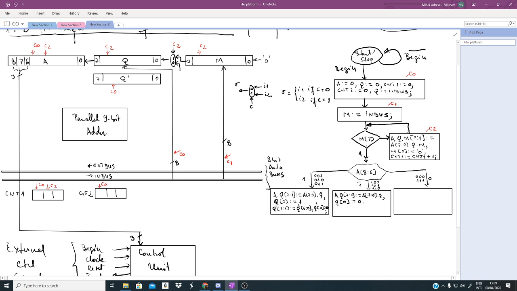And then in Q prime from 7 to 1, I'll put what was in Q prime from 6 to 0. And in Q prime of 0, I'll put 1 this time.